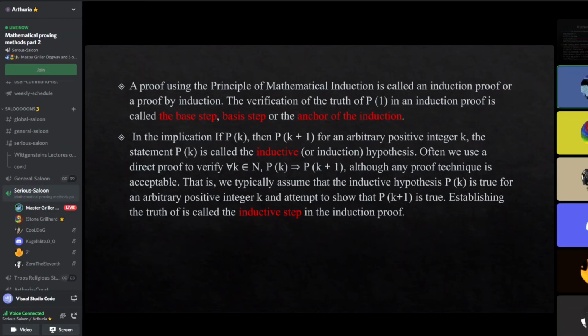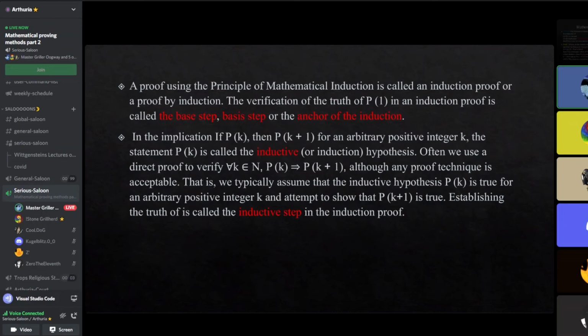But most often it's a direct proof in which you assume P(k) to be true and therefore try to prove that it necessarily follows that P(k+1) is also true. And if you succeed in doing so, you have completed the inductive step.